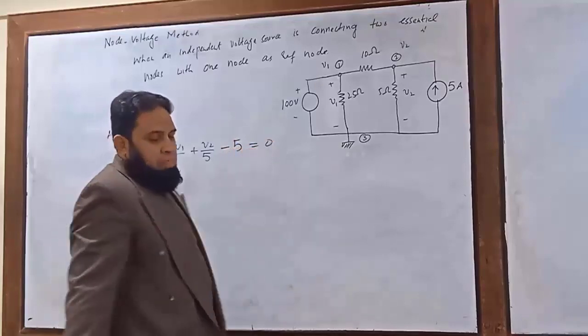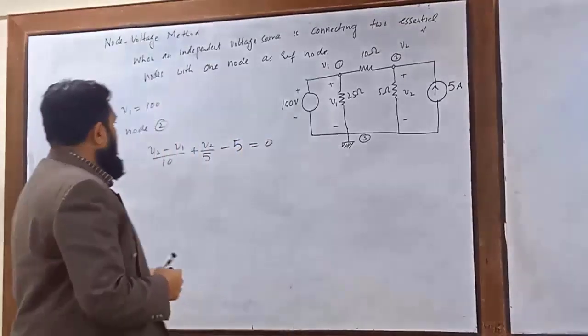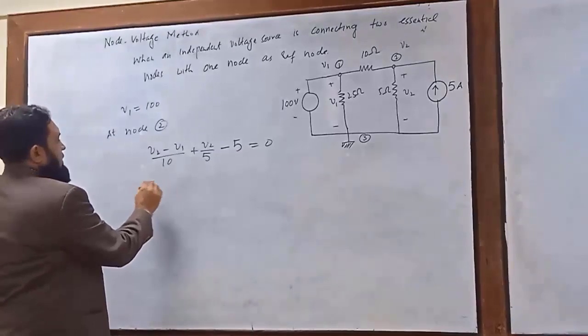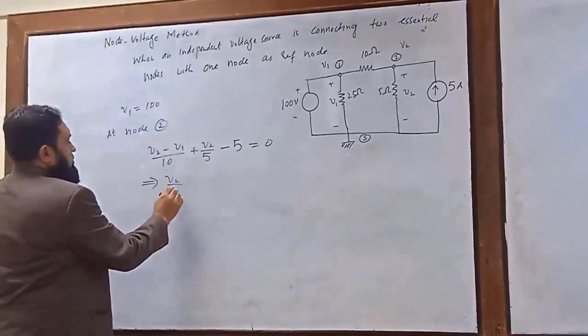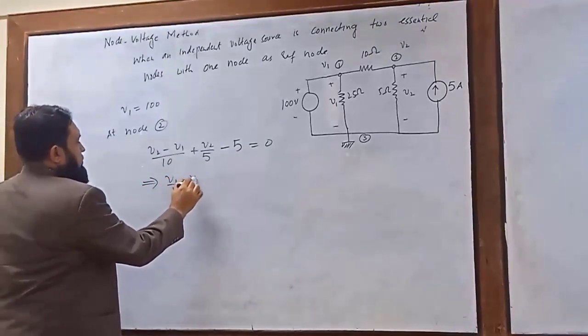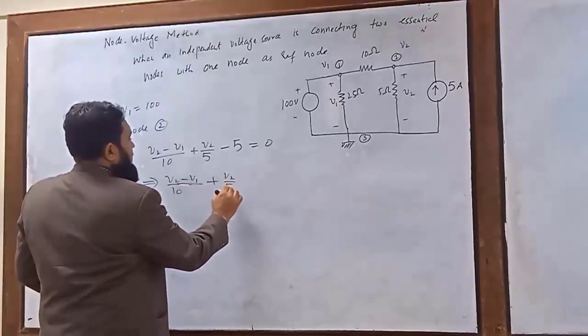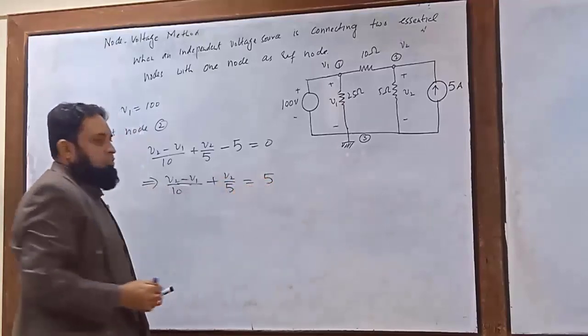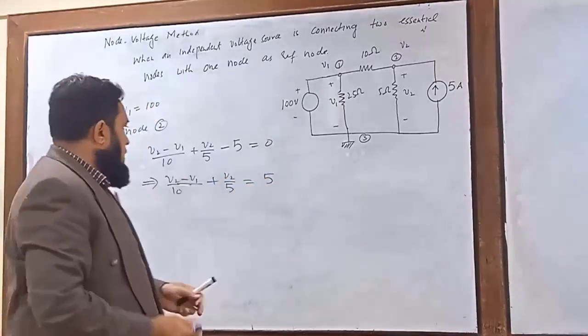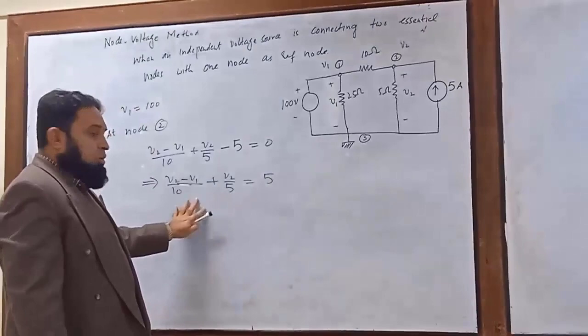Okay, so we can rewrite this expression as V2 by 10 minus V1 by 10 plus V2 by 5 is equal to 5.